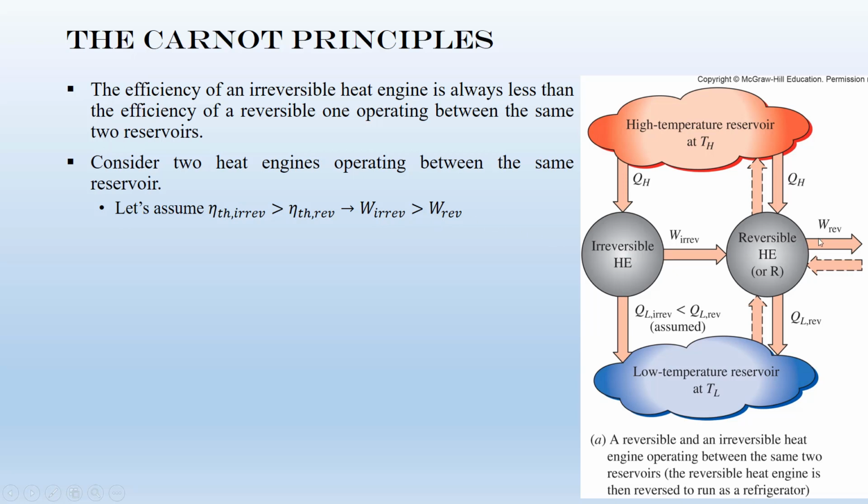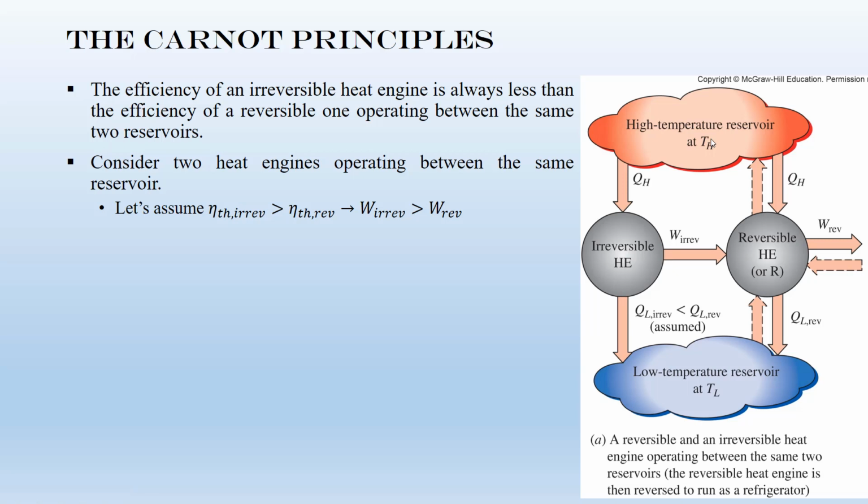Now, you know that this is the reversible one, so we can just make it reversible. So if we just reverse this heat engine, we have a refrigerator. We already discussed it, correct? So now let's assume that we add W reversible to this refrigerator. Then this refrigerator gains QL from this reservoir and then transfers QH to this source.